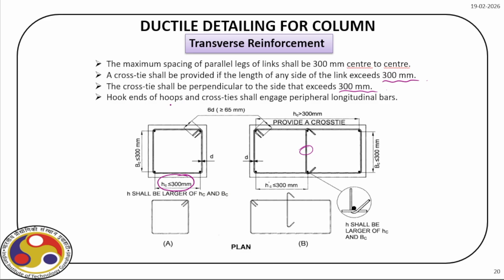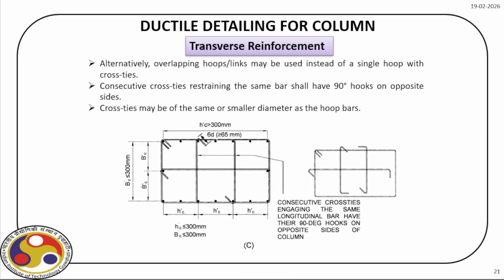Hook ends of the hoops and cross ties shall engage the peripheral longitudinal bar. Again, this is important because that is the sole purpose. If you have a longitudinal bar here, it should properly engage that bar. Okay. Alternatively, overlapping hoop links may be used instead of a single hoop with the cross tie. As you can see here, we have the detailing shown here.